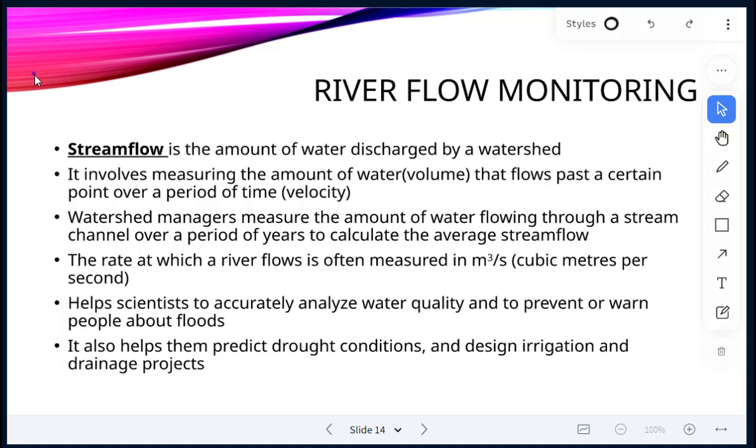It involves measuring the amount of water, its volume, that flows past a certain point over a period of time, that is its velocity. So watershed managers are measuring the amount of water flowing through a stream channel over a period of years to calculate its average stream flow. It's measured in meters cubed per second. This helps scientists to analyze water quality, also to prevent or warn people about floods. It helps them predict drought conditions. It helps them design irrigation for farming and agriculture, as well as drainage projects.